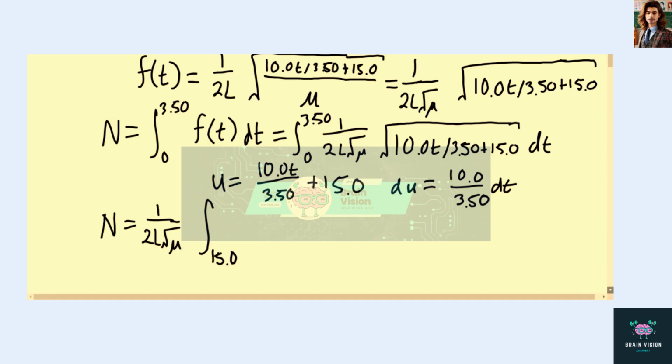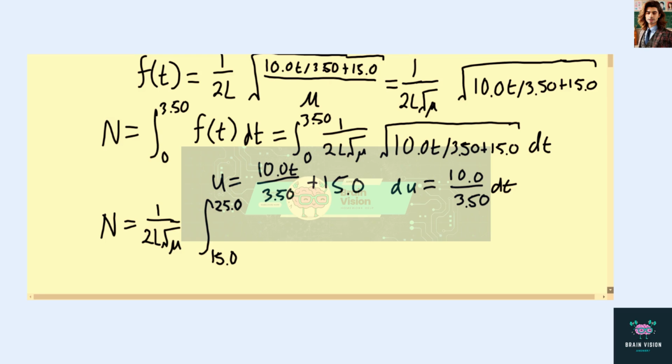So that'll be our lower limit of integration. And at t equals 3.5, our u will be equal to 25.0. And it just so happens that that is our tension at the beginning and the end of the time interval, because u is the same formula as capital T.